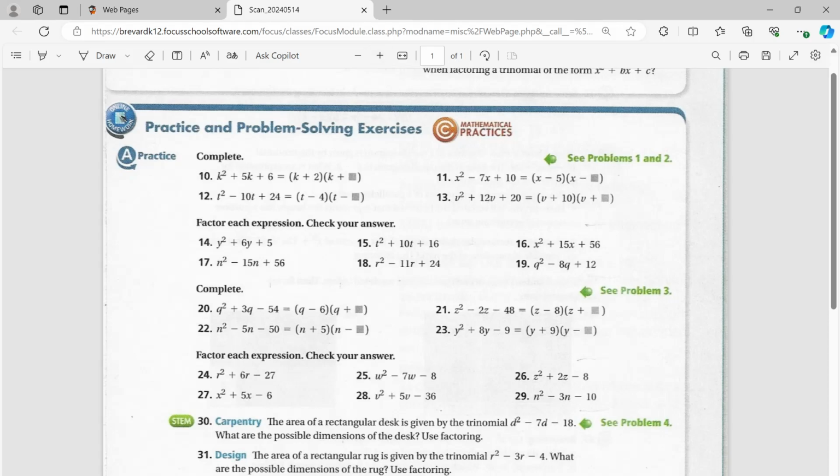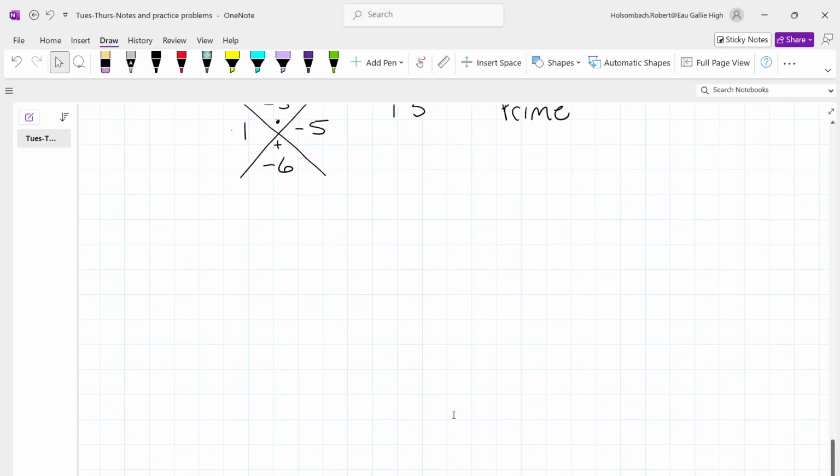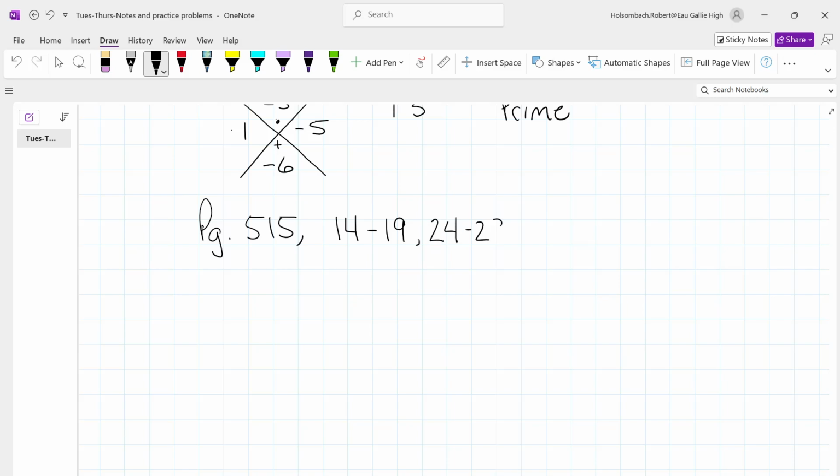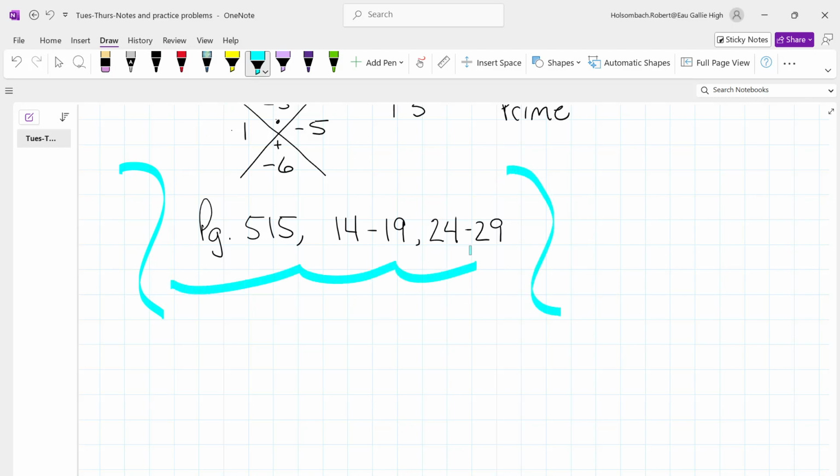What I'm going to ask you to do today is, we'll call this page 515, problems 14 through 19, and then 24 through 29. I'll put that back up there in one.